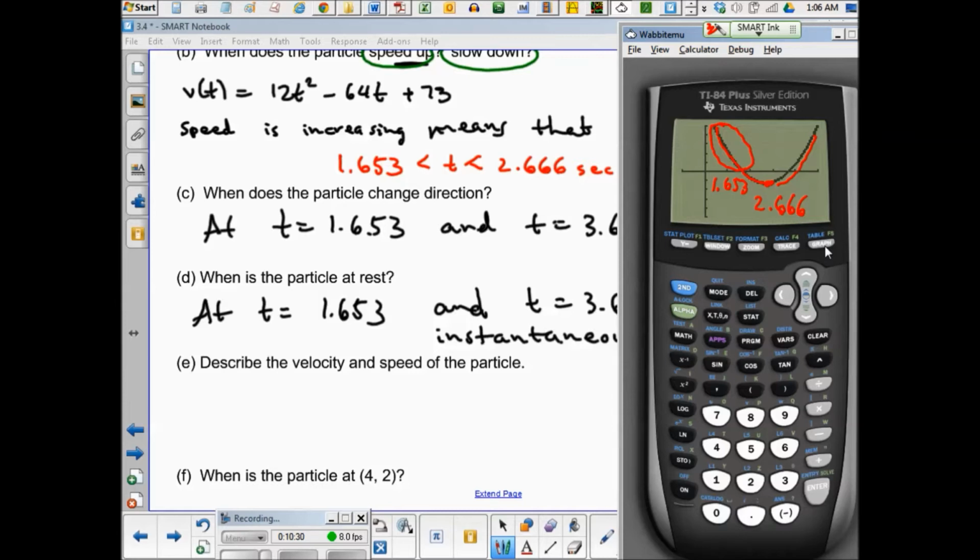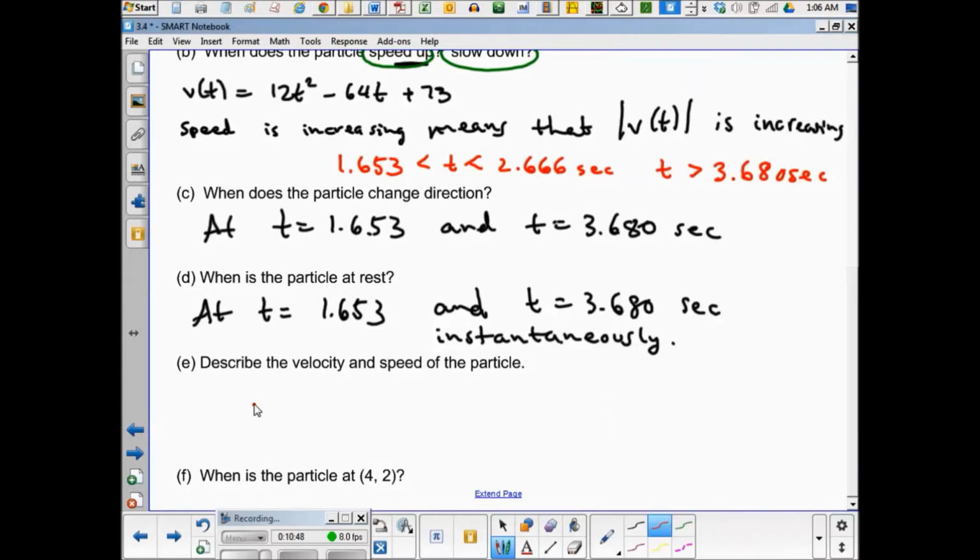It then became negative, which means it switched directions. And then it ended up bottoming out. So let's go and write this in before we have to say it and then remember what we said. So let's go over here.